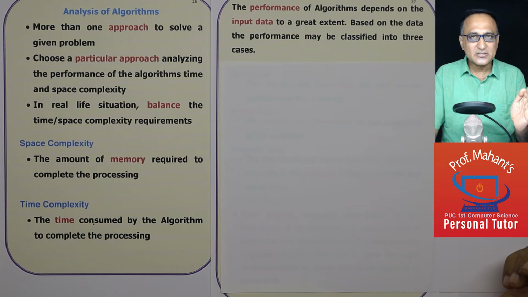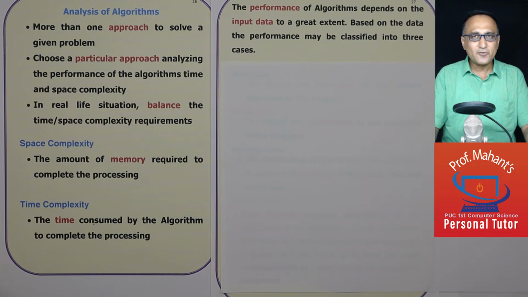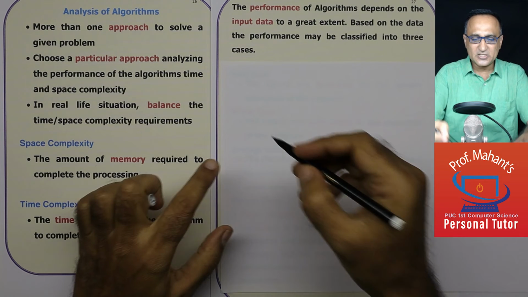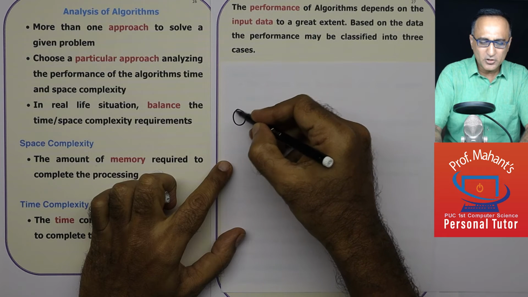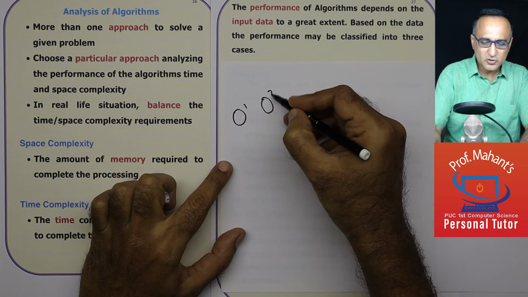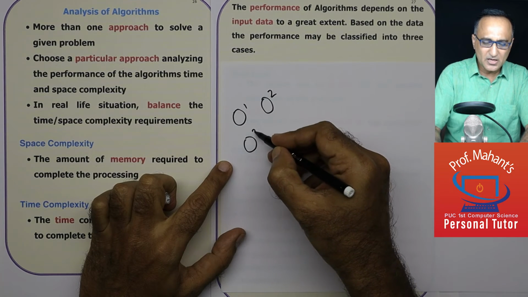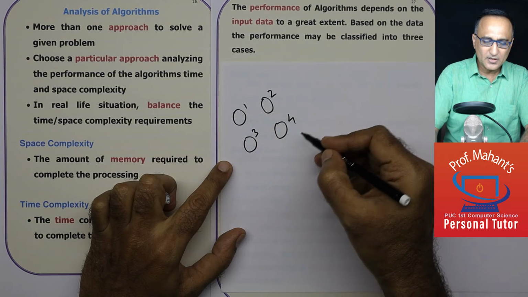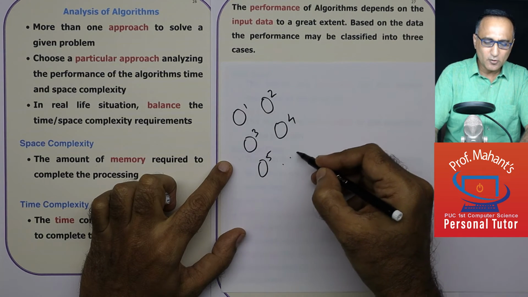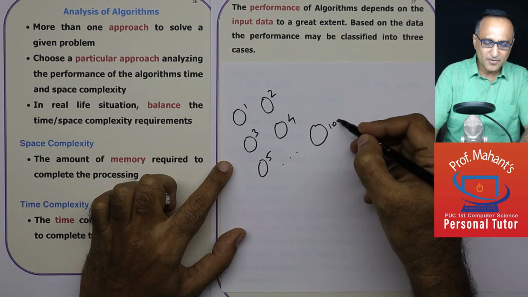Suppose I have numbers in boxes stored between 1 to 100. Let's keep it simple. Let's say this is box 1, this is box 2, this is box 3, this is box 4, this is box 5, and all the way up till box 100.